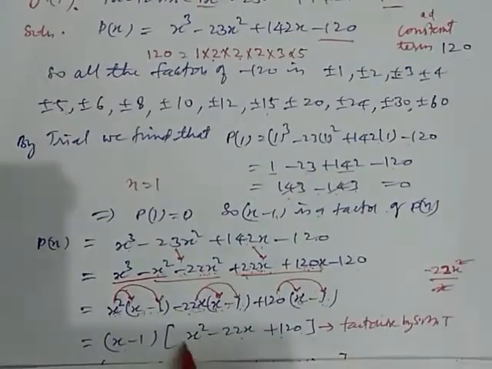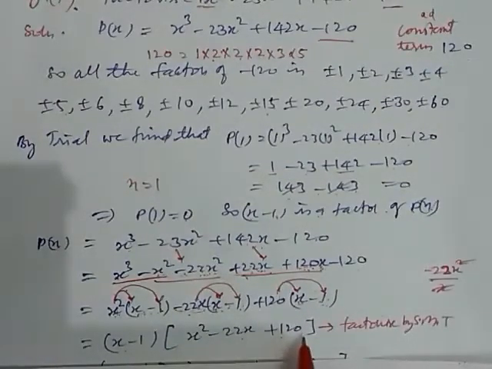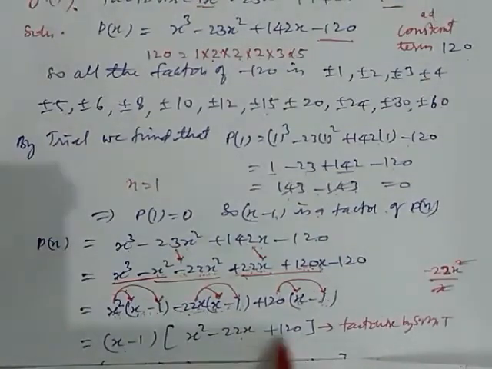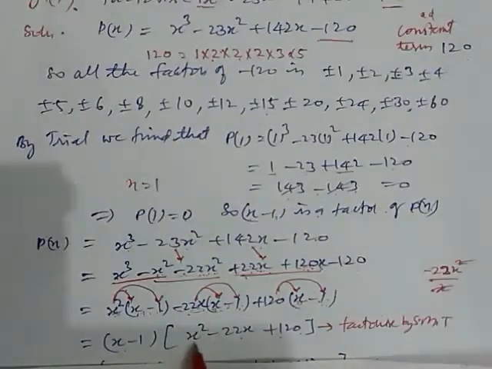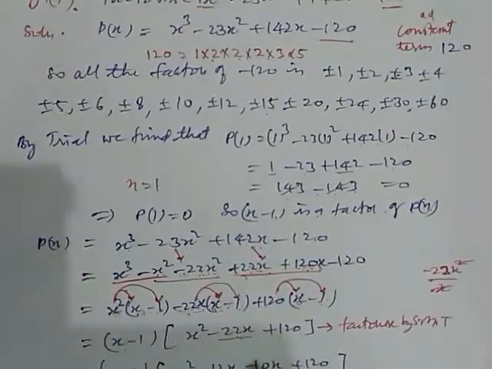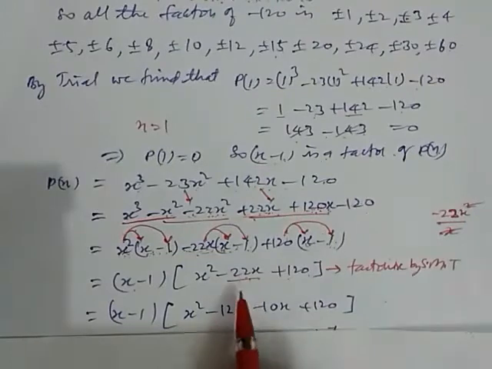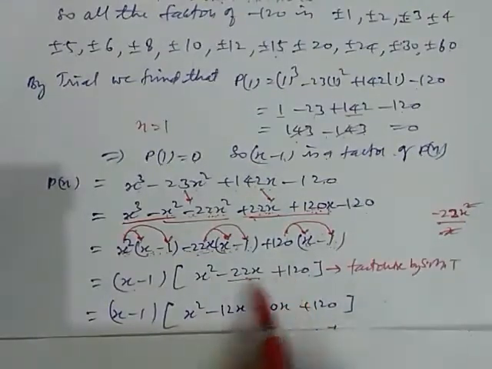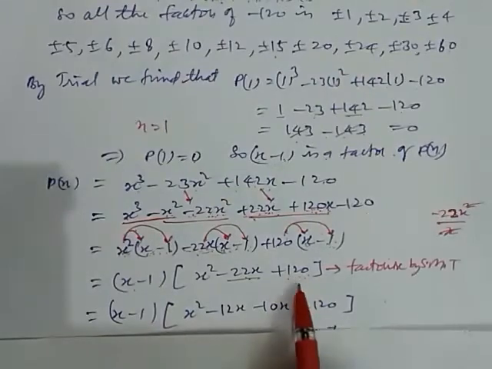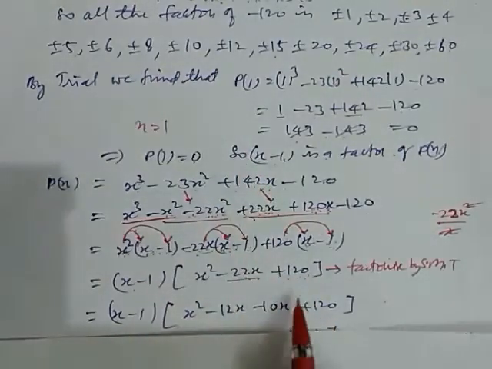Now factorize this by splitting the middle term, because there are only 3 terms. When we receive 3 terms and the initial term is of degree 2, then at that time we factorize by splitting the middle term. Okay, so now we split the middle term. How? Here the product of this A and C is 120. So now factorize 120. We have already factorized this.